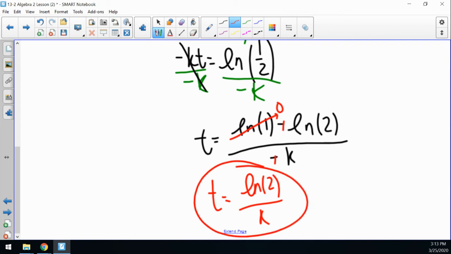And so, again, you'll find out that half-life really only depends on k itself, because t is really just ln of 2 over k. What that means is that anytime we're looking for something, we can just worry about what k is to figure out what our t is.